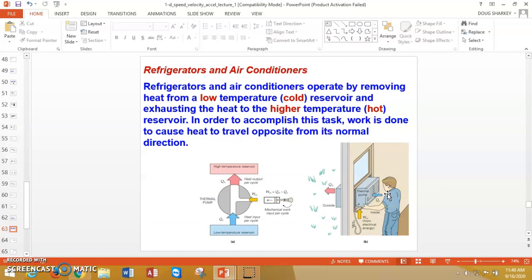Here's a little primer on air conditioners and how they actually try to run the other way. They remove heat from the low temperature side and exhaust heat to the high temperature side. And so refrigeration is this mysterious thing. The best example that someone gave me to help me understand this is, imagine the heat in your house as a little puddle of water.